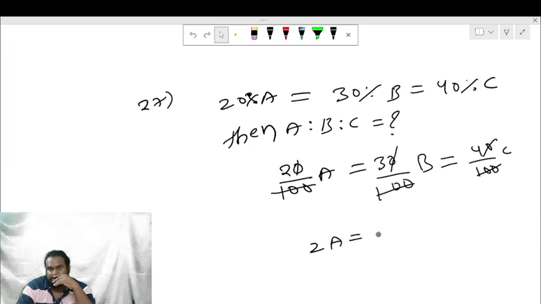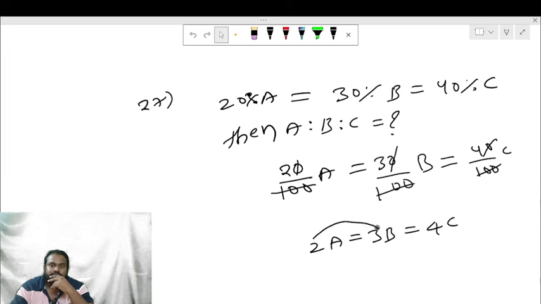Then 2A equals 3B equals 4C you will get. So you just multiply these three numbers: 2 into 3 into 4, 6, 24.